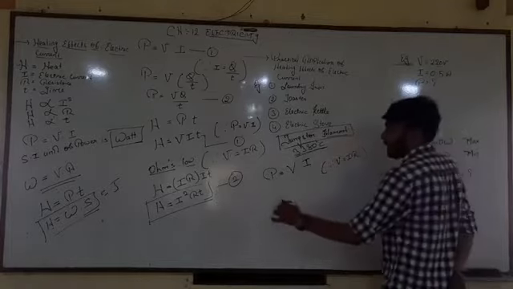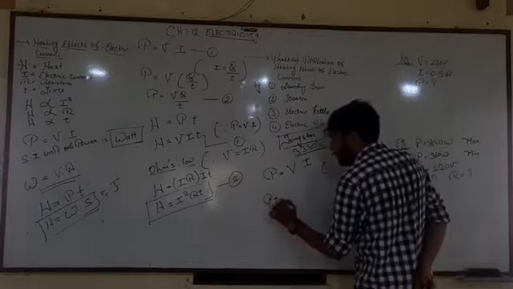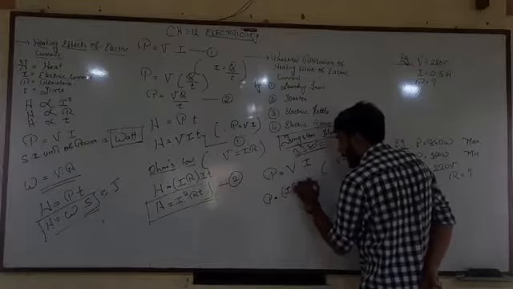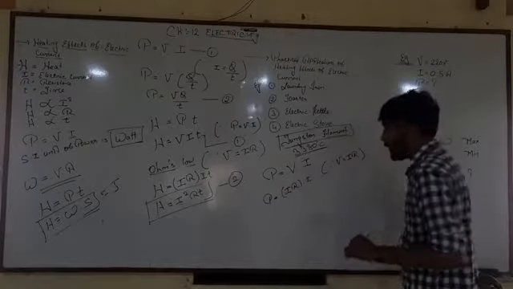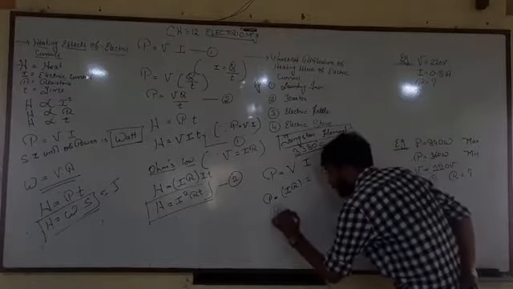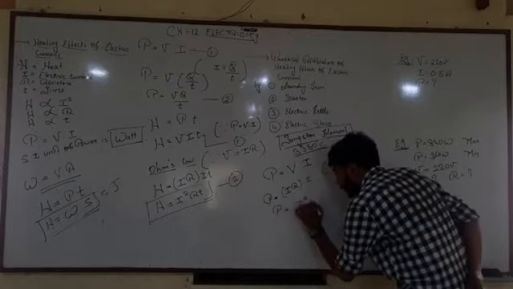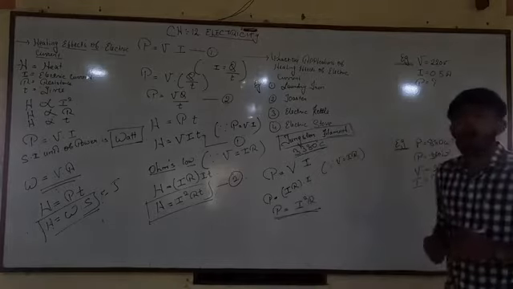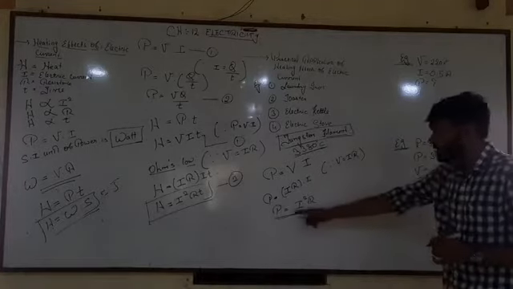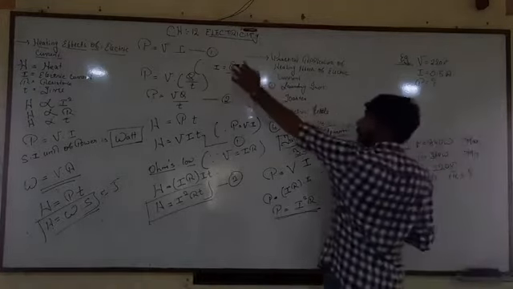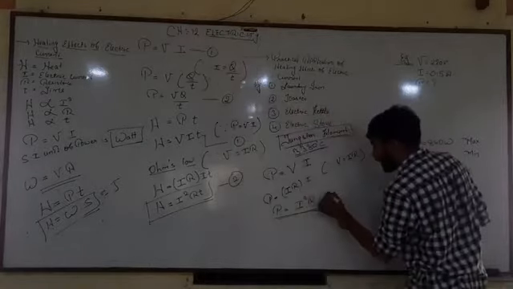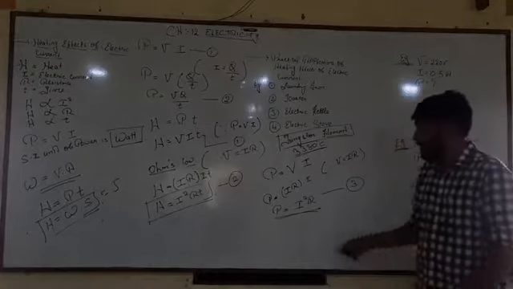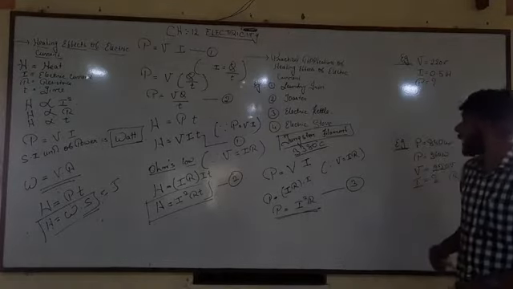As we did over there, you can write over here P is equals to IR multiplied by I. Okay, and that becomes P is equals to I square R. This is the third formula for power. This was the first, this is the second, and this is the third one we have known till date. P is equals to I square R.